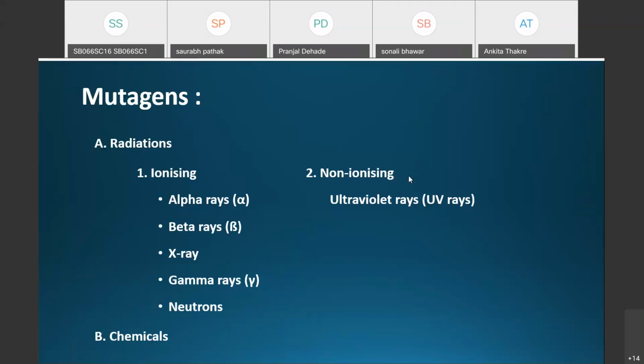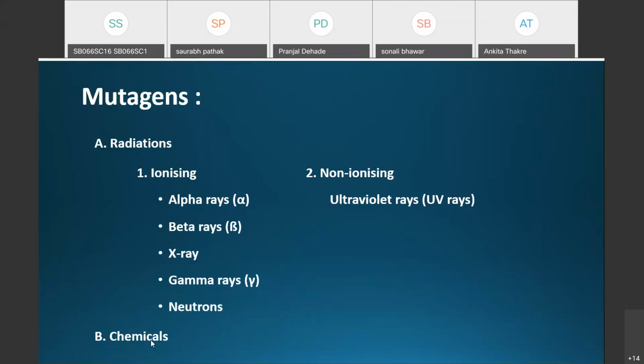Radiations are of two types, ionizing and non-ionizing. Ionizing radiations include alpha rays, beta rays, x-rays, gamma rays, and neutrons, which produce ions. The only non-ionizing radiation here is ultraviolet rays.